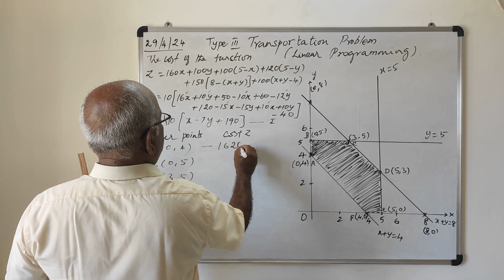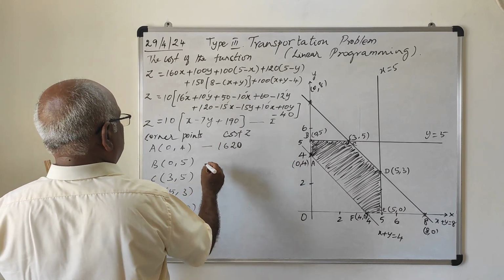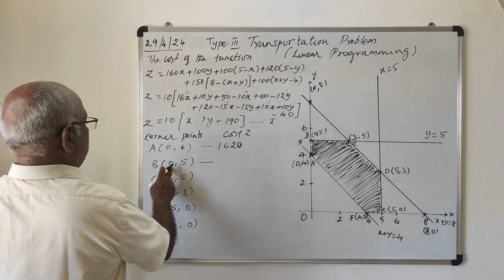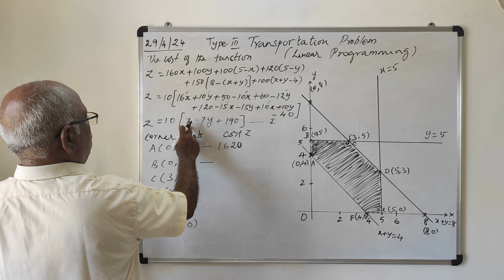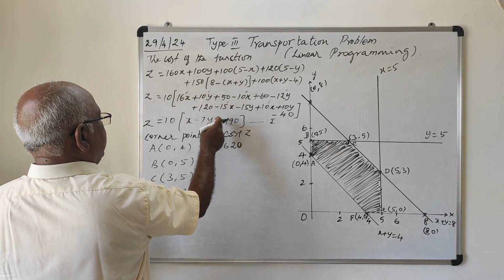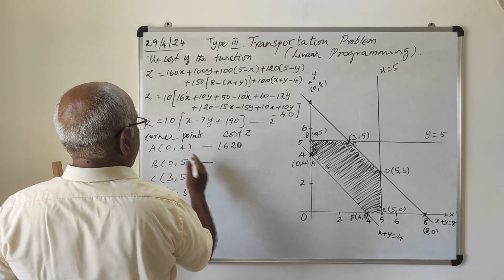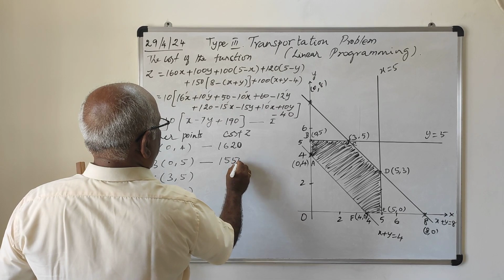The cost is 1,620 rupees. Then x equal to 0, y equal to 5. 7 5s are 35. 190 minus 35 is 155, into 10, 1,550.